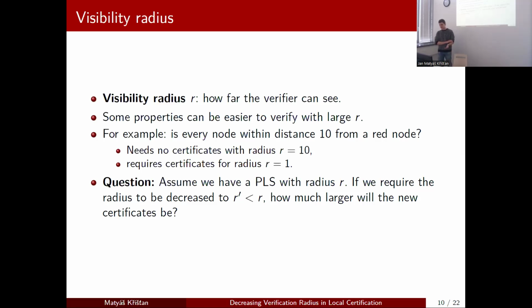So now we are getting to the question that we study in our paper: if we are given a proof labeling scheme with radius r, how difficult is it to decrease this radius? Meaning how much larger will the certificates have to be.